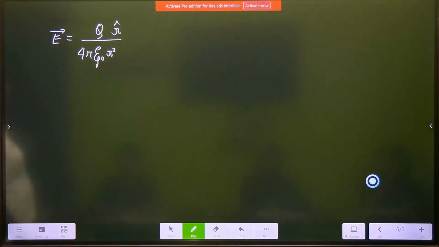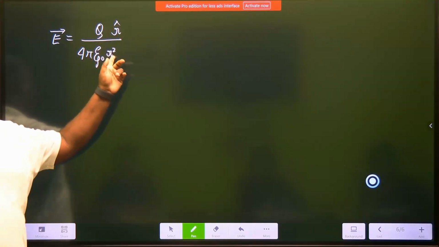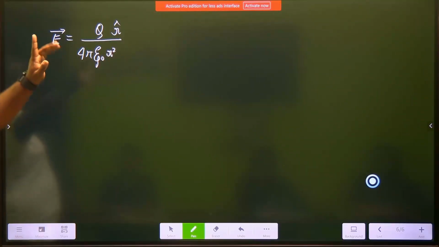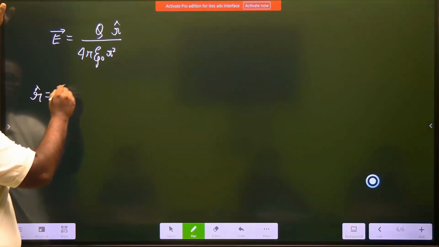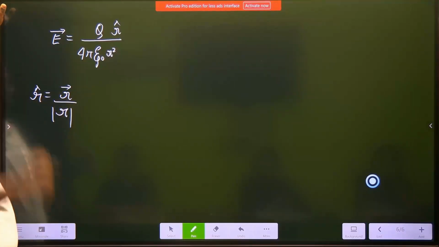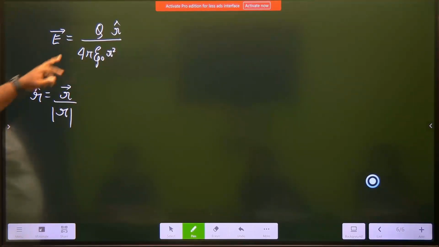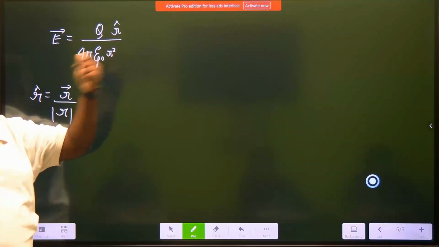R cap is the direction, and if you show r cap in terms of r, then this one will become r cube. I hope you know that. Because what is a unit vector? A unit vector is the vector which has been stripped out of its absolute value. So if you put an r vector out here, then this becomes r cube, right?